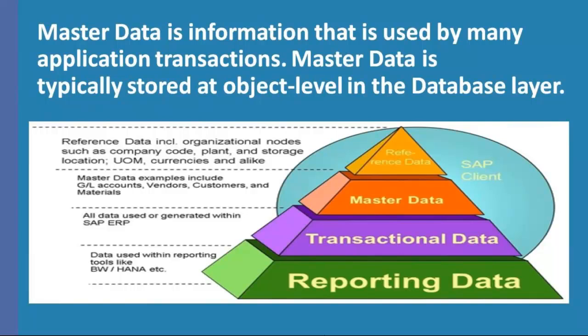So MDG can talk with the BW system, with the S4 HANA system, with the APO system, and with MM; ECC may have MM, finance and everything. All those modules can also be associated with MDG.